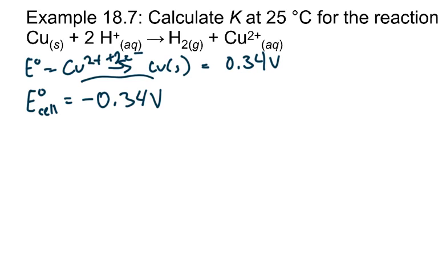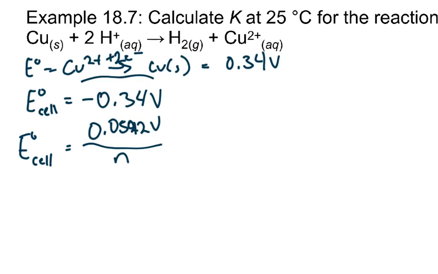Then from a couple slides back, I can use my Nernst equation, which says Ecell is equal to 0.0592 volts divided by n, my number of electrons, log of K. My number of electrons is 2, and my cell potential is negative 0.34.